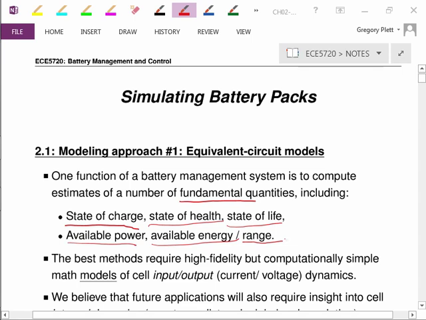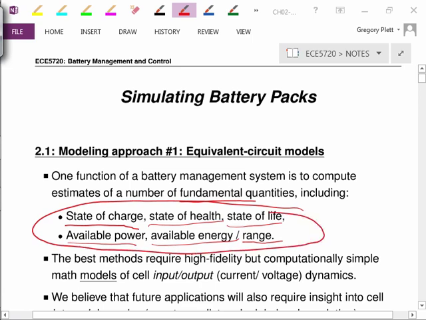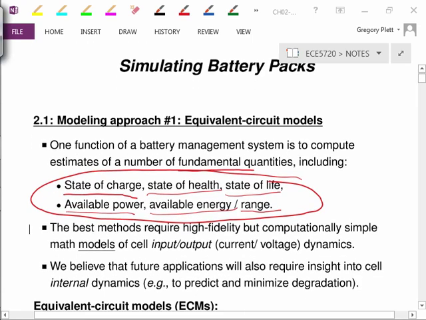In order to compute these estimates, the best available methods use models of cell input-output dynamics, and a model is simply a set of equations that describes how something operates. We can get by with models that describe input-output relationships.